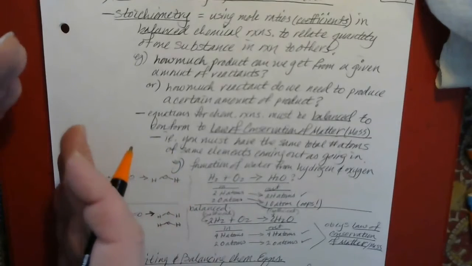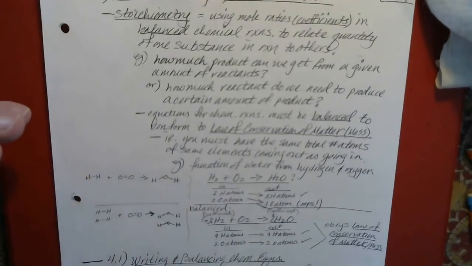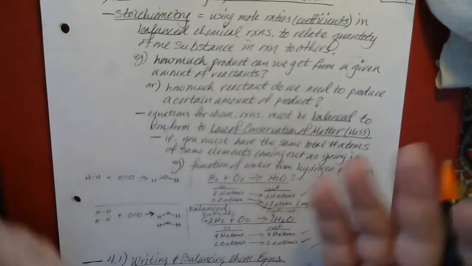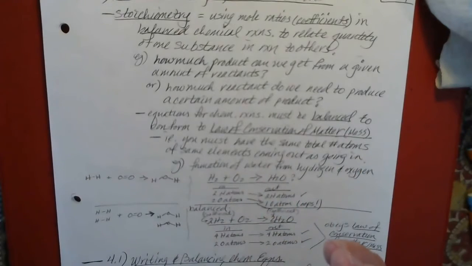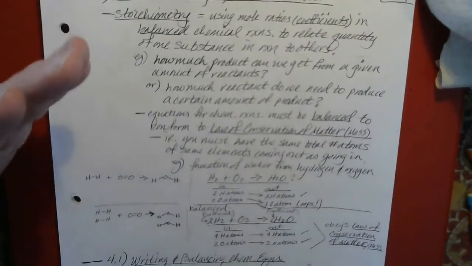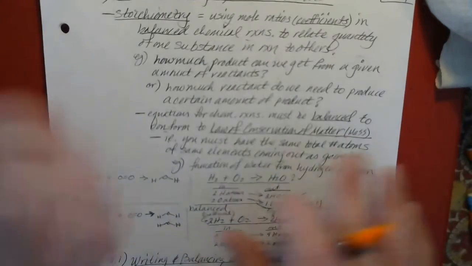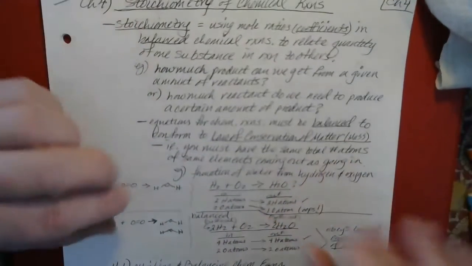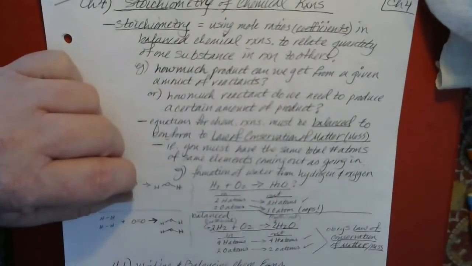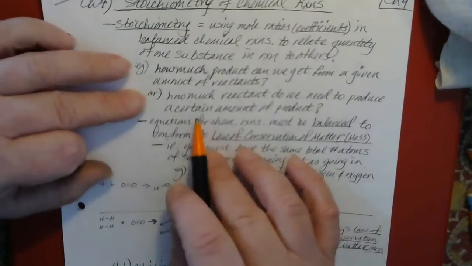It's not going to be the same amount in most cases because we usually measure reactants and products by mass, and different compounds have different masses. So you may have to put in a small amount of reactant to get out a lot of product, or vice versa, depending on what other products are formed and that kind of thing.